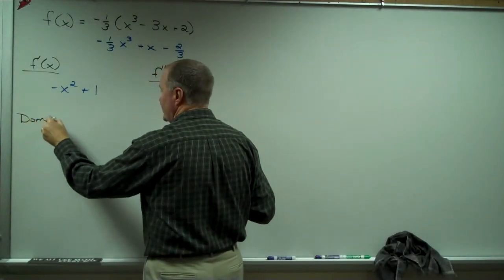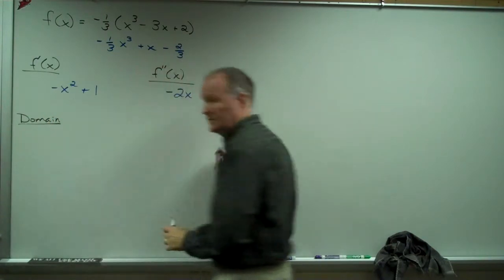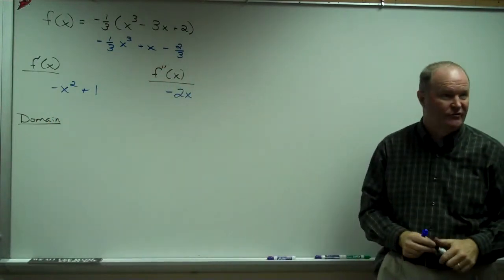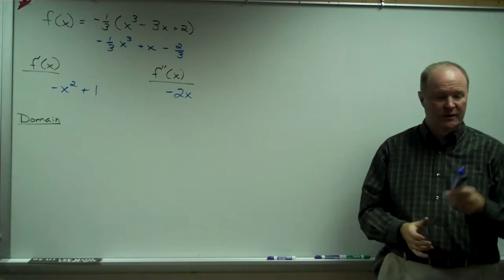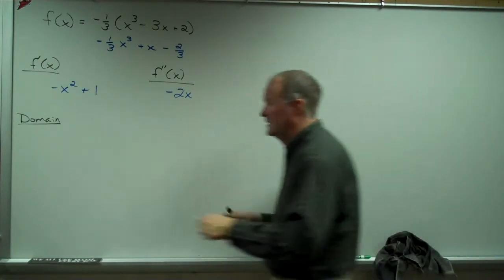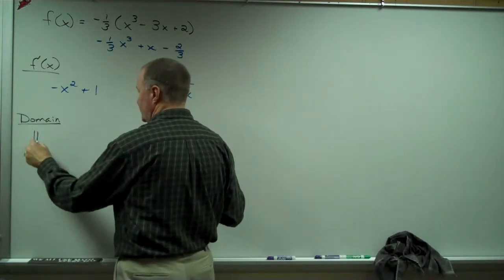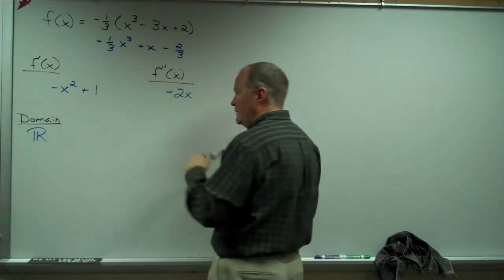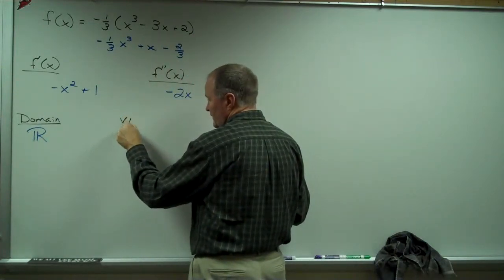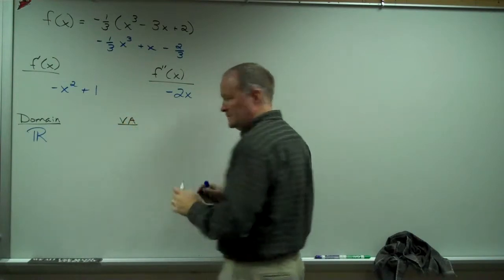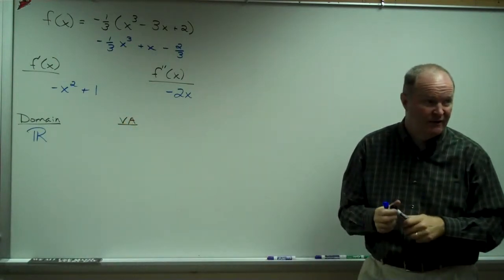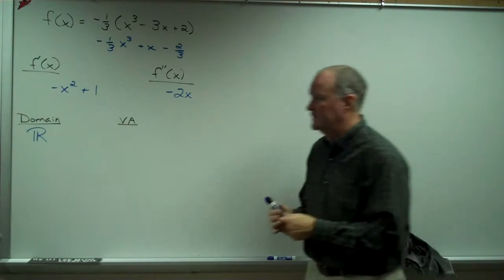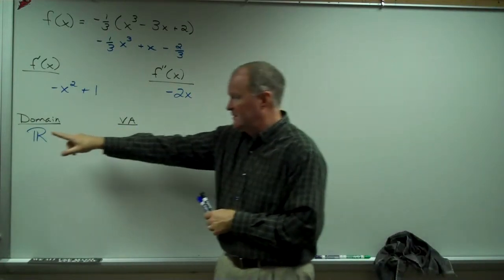Well, what do you have to ask yourself with the domain? Are there any fractions? No. So what do you know about the domain? All real numbers. Also, what should you probably do right away? Check out the vertical asymptotes. Any fractions? No. Any restrictions?